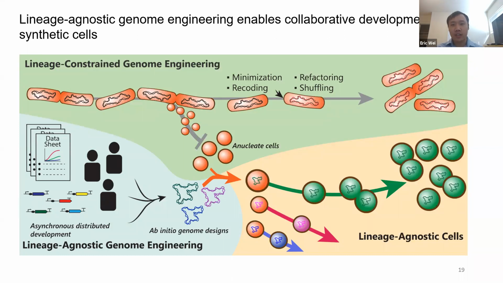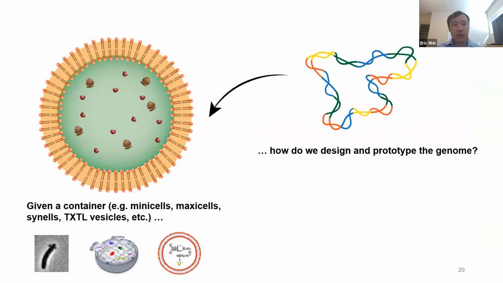So this idea of minicells as a container, an anucleated vessel. Minicells themselves have a lot of pros and cons, but you can also extend this idea to, for example, maxicells, where you're able to eliminate the genome of other cells that you may want to use. I think zombie cells is the term JCVI uses.